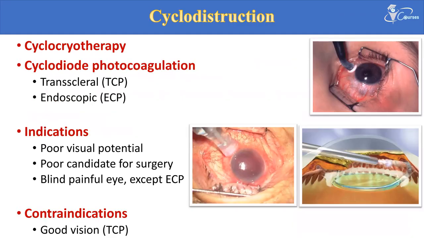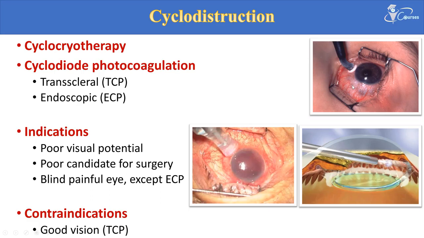Okay, let's now talk about another procedure, which is cyclodestruction. Cyclodestruction is a procedure to destroy the ciliary body, which is the aqueous source. It can be done in several ways. Cyclocryotherapy is by freezing the ciliary body, causing damage by application of the cryoprobe over the ciliary body.